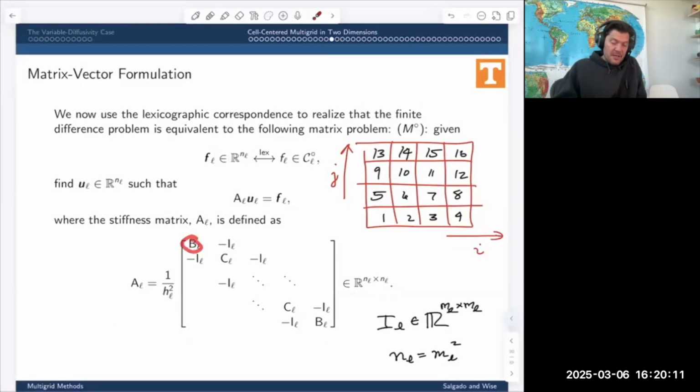Each one of these is ML by ML, and there are ML total blocks. Okay, so there are ML blocks that way and ML blocks that way, right? And so each block is an ML by ML matrix. So that means that the total size of this is pretty big. It's NL by NL. It's getting very large.